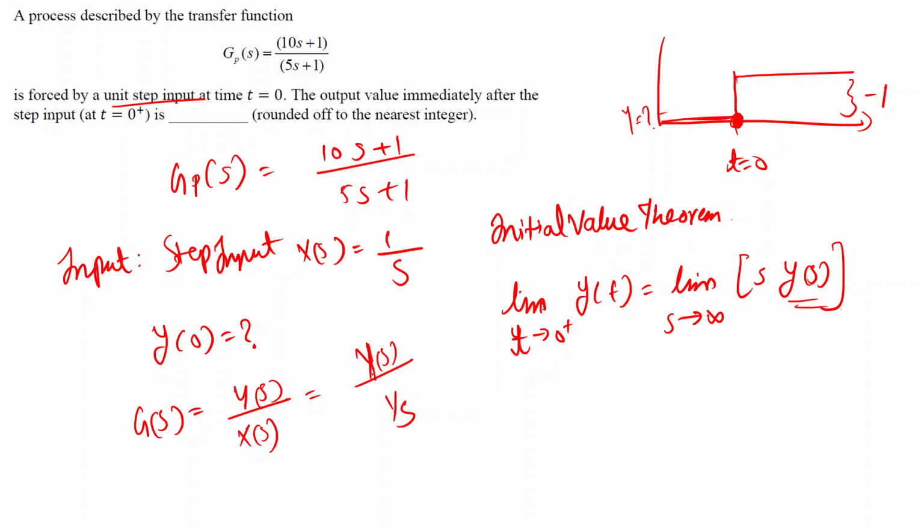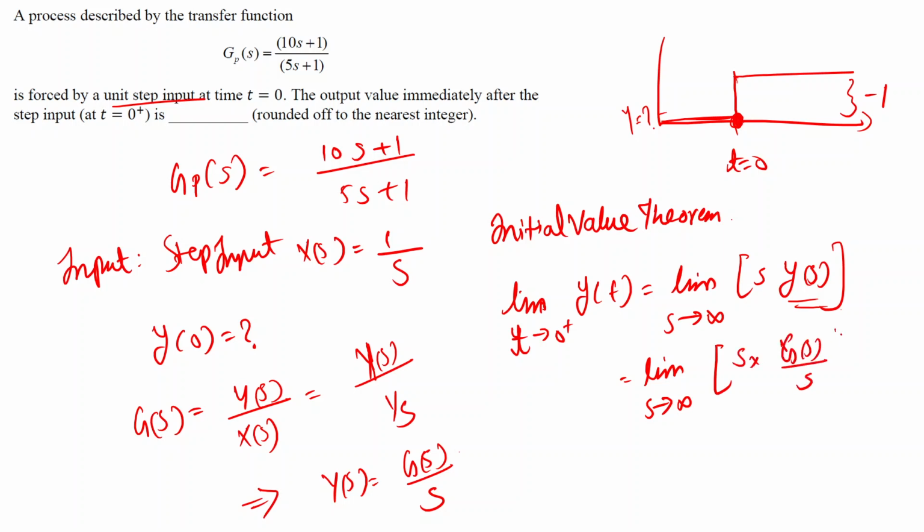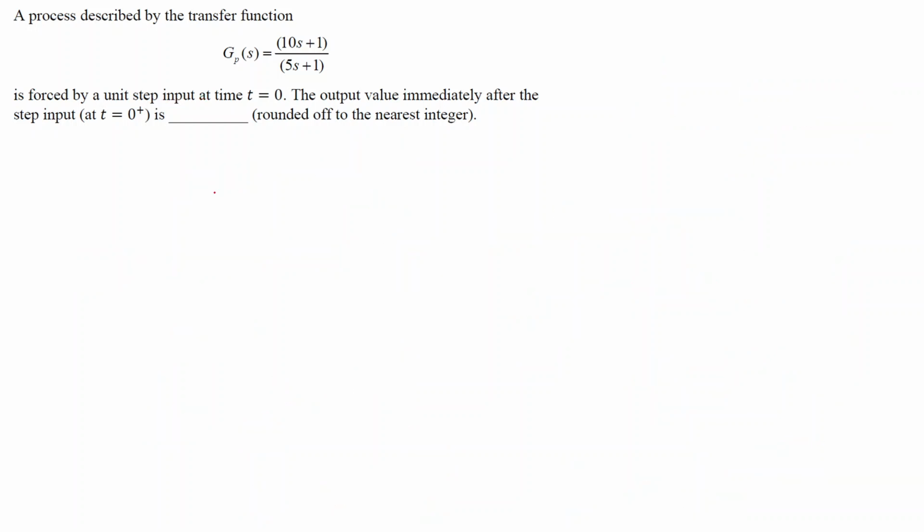So y of s will become g of s upon s. We can put this over here and we get limit s tends to infinity s into g of s upon s, that is y of 0 can be written as limit of s tends to infinity g of s, or else we can put the value of s as infinity in this transfer function.